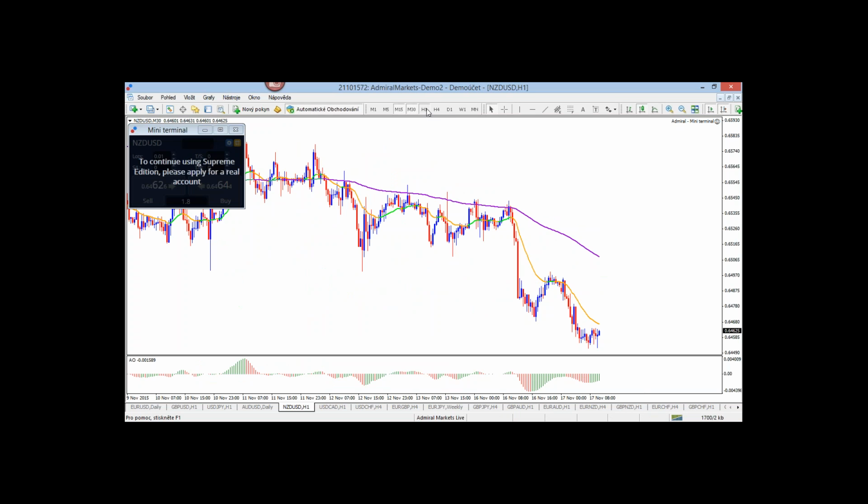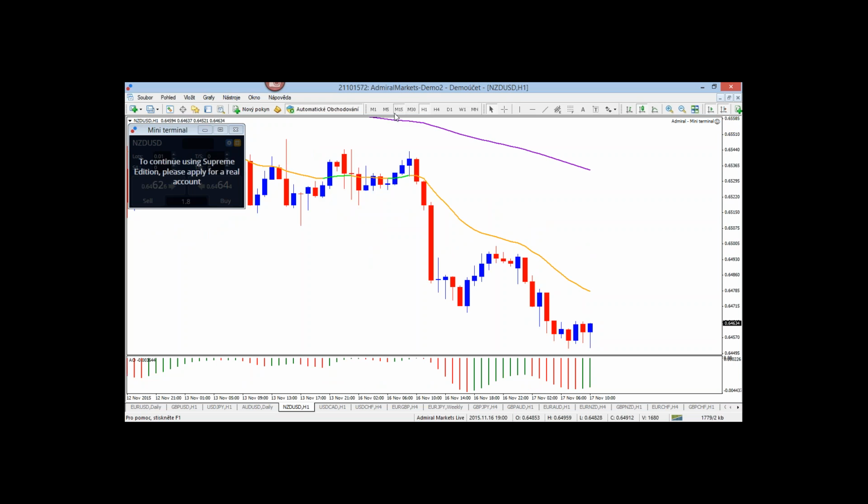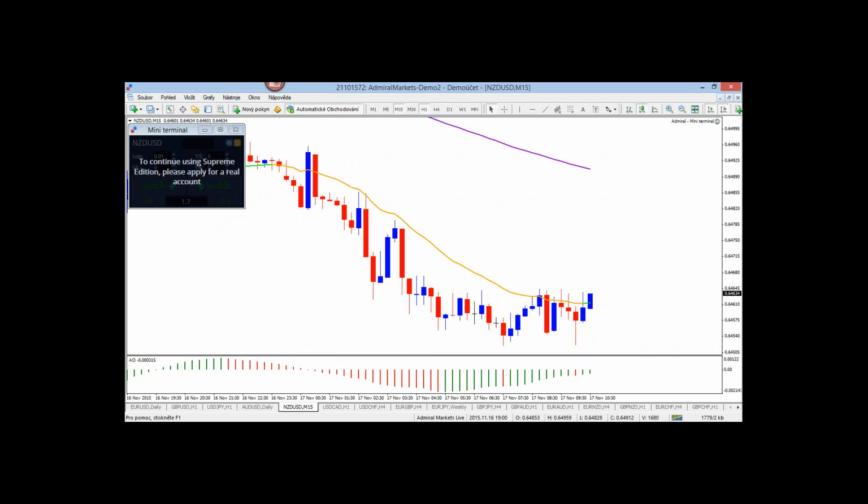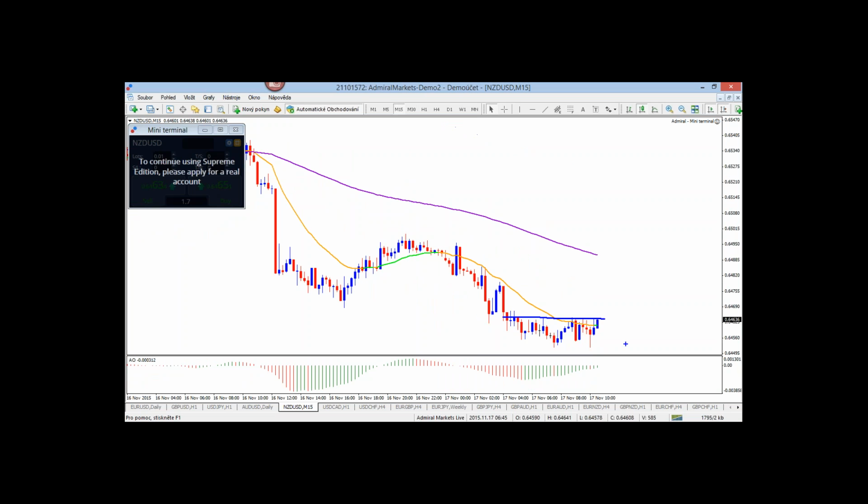Well, if you look at the hourly, we do see a bullish candle. So from that point of view, might get a bit deeper retracement. And actually, we're seeing a small little consolidation zone. Maybe it'll pop up, hit the moving average, and then go down again. That could be good for shorts.